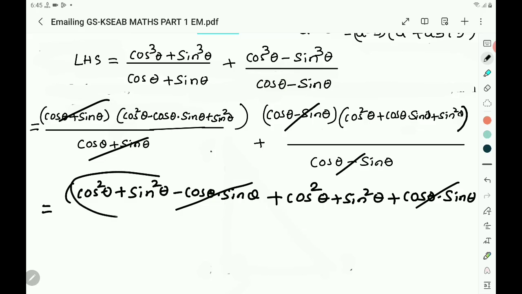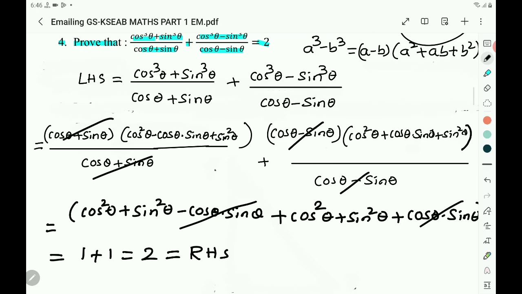Then what is the value of cos square theta plus sin square theta? Cos square theta plus sin square theta is 1. And the sum of this cos square theta plus sin square theta is also 1. 1 plus 1 is equals to 2, which is equals to RHS.